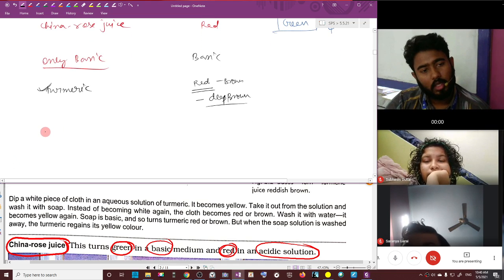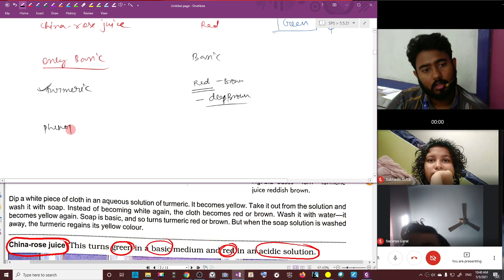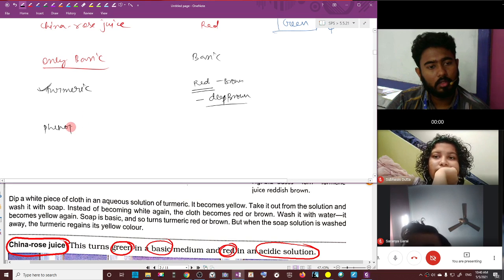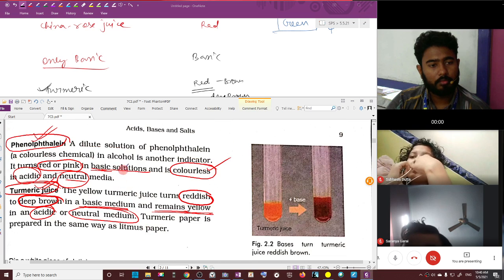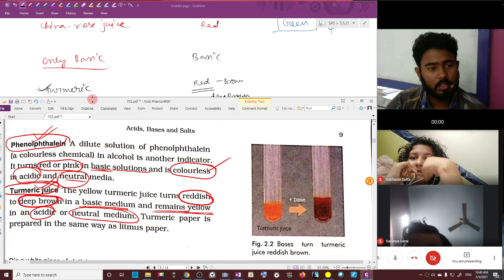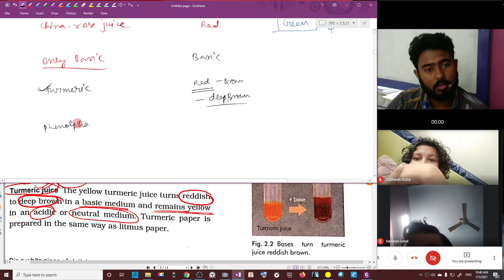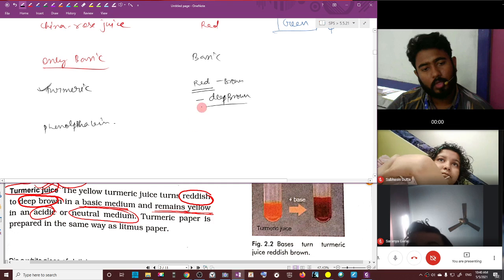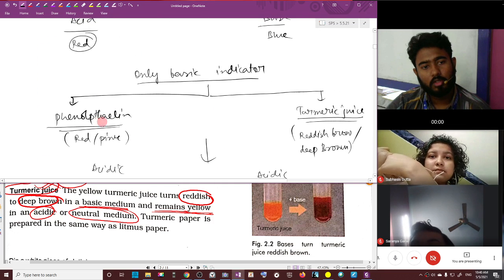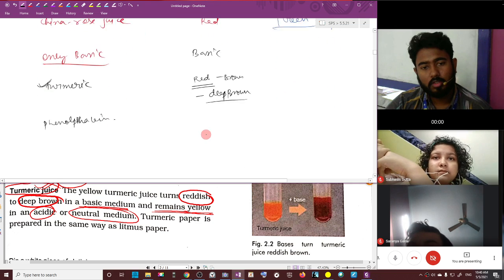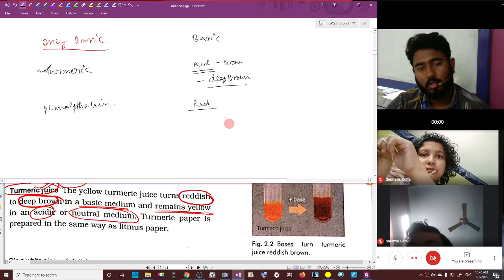Now, phenolphthalein. Let me check the spelling: P-H-E-N-O-L-P-H-T-H-A-L-E-I-N. Phenolphthalein is also red or pink.